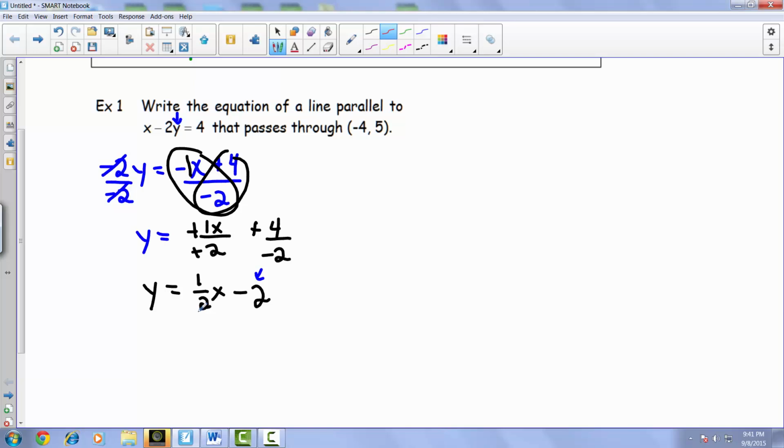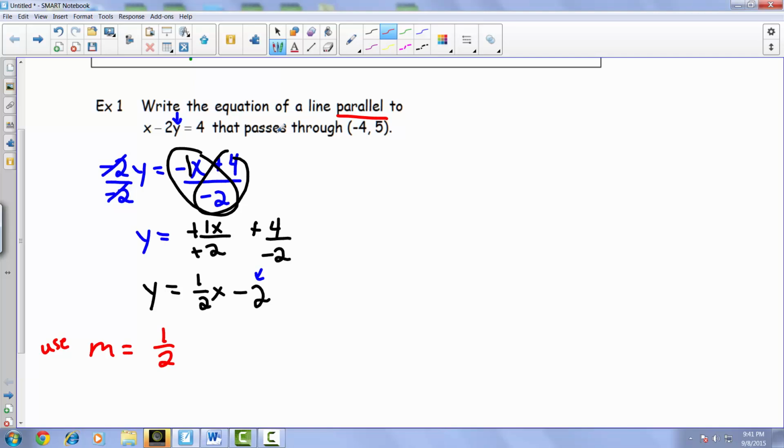So now, let's go ahead and use the parallel slope with this line. Well, if it is in fact parallel with this line, we know that they have to end up coming out to be the exact same slope. So what we're going to do is use that slope of 1/2.